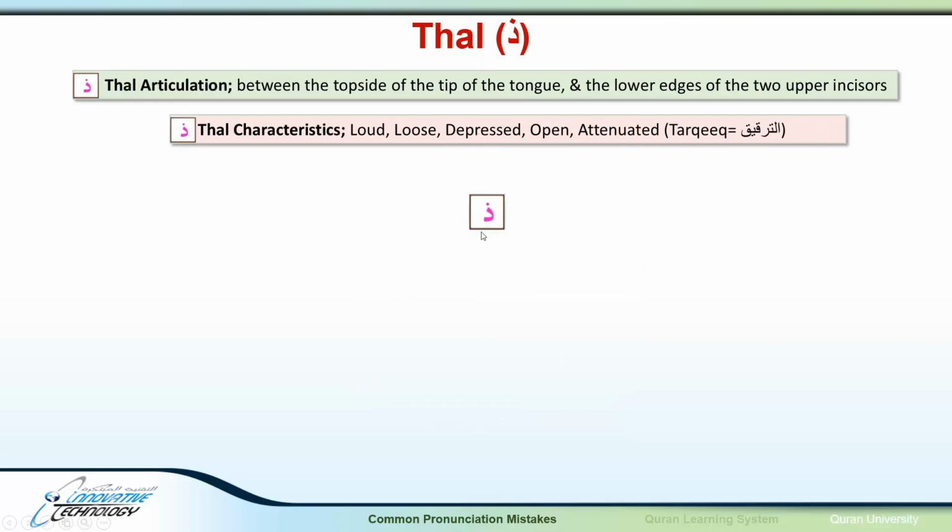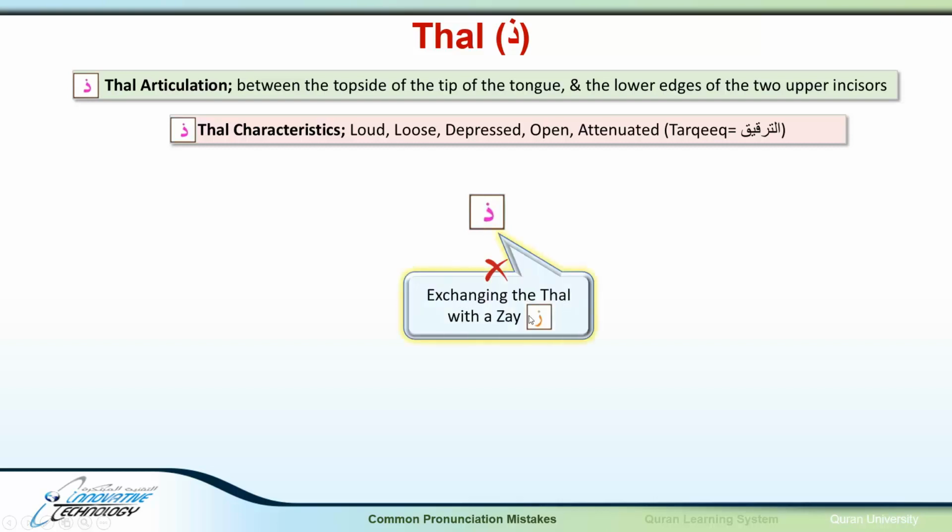And the dhal also has a single but very common mistake. It's common for non-native Arabic speakers or those who are learning Arabic recently. They tend to replace the dhal with a zay. An example of this mistake is وَالزَّاكِرِينَ, za.